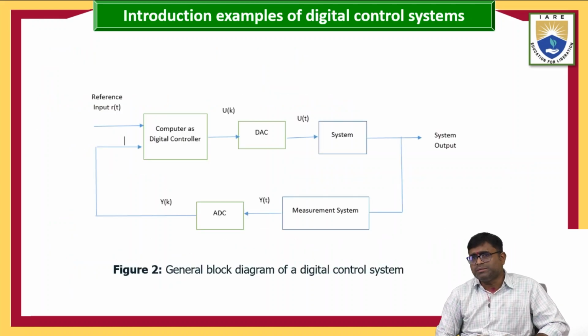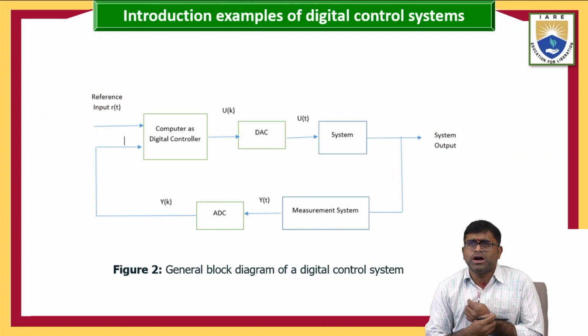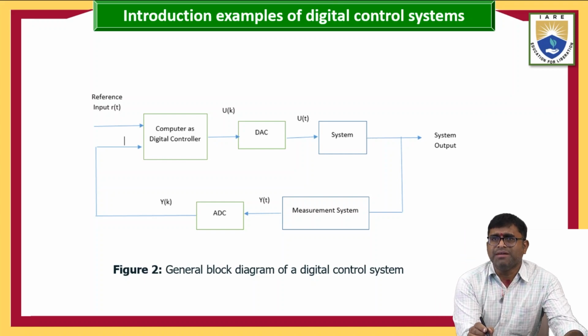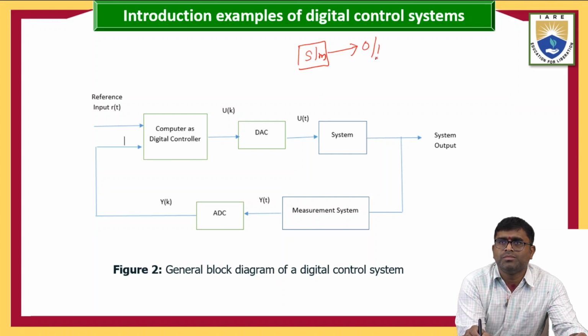Now, coming to the introduction and block diagram of the digital control system. In the linear control system, I am drawing the linear control system closed loop block diagram. It is a system, and for the system we get the output.